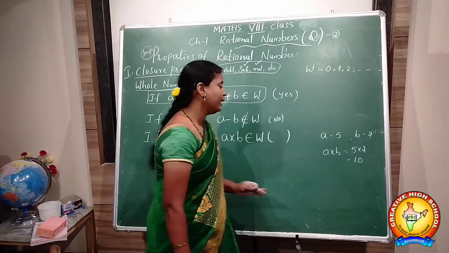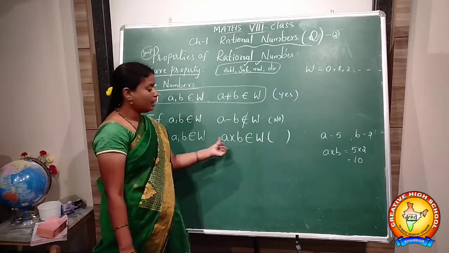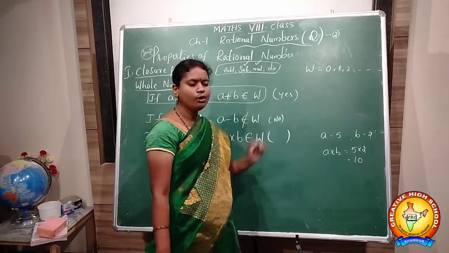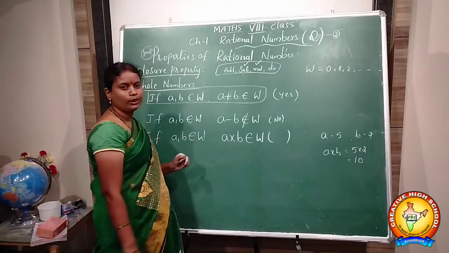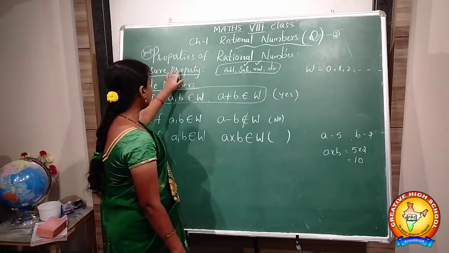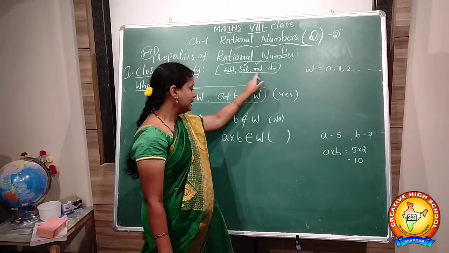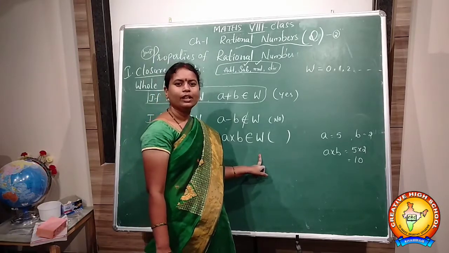So that's why if A and B belong to whole numbers, the product of those two numbers also belongs to the set of whole numbers. So we can conclude that the closure property of whole numbers under multiplication is satisfied by the set of whole numbers. Do you understand?